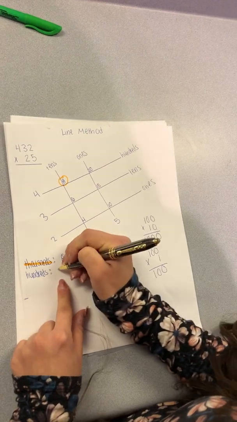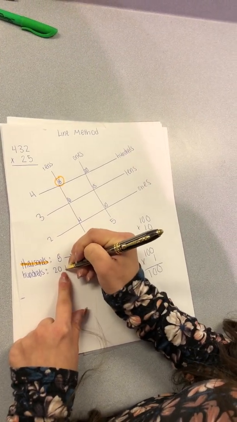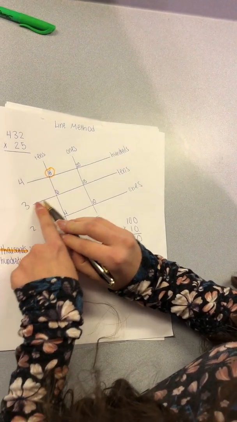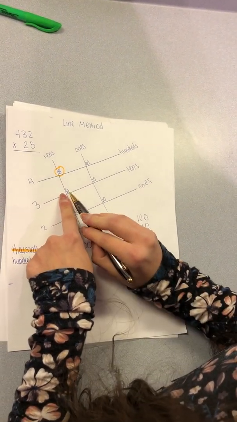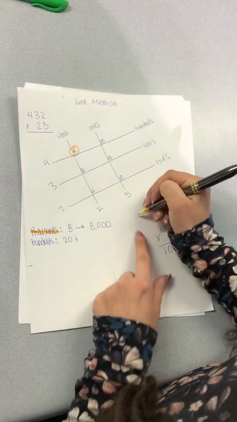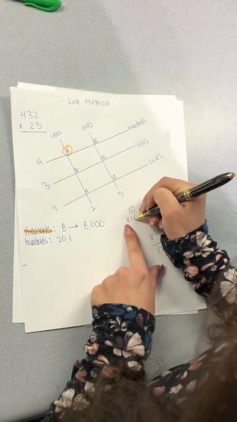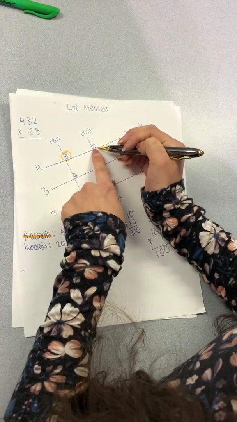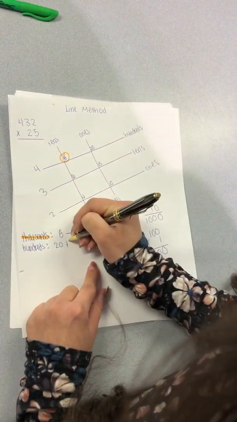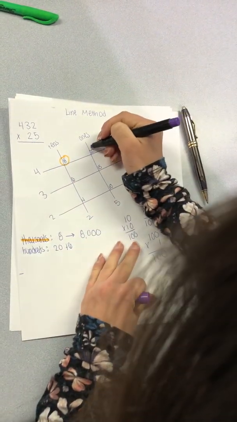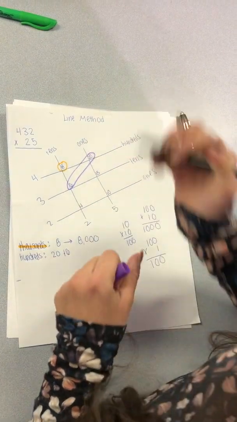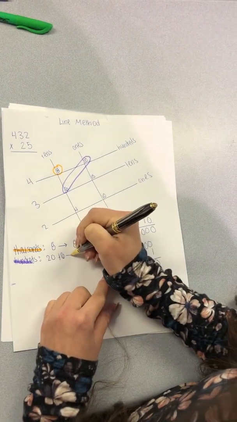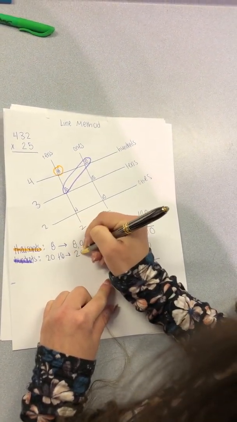So we have 20 hundreds, but we have more than 20 hundreds, because if you look down here, our 3 tens and our 2 tens, that's also going to give us 100, because a 10 and a 10 make 100. So we not only have 20 hundreds, but we have 6 hundreds. So we can group the 20 and the 6 together. And that's going to give us 2,600.